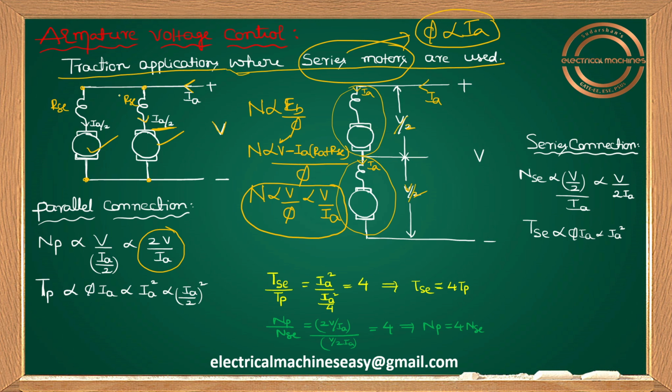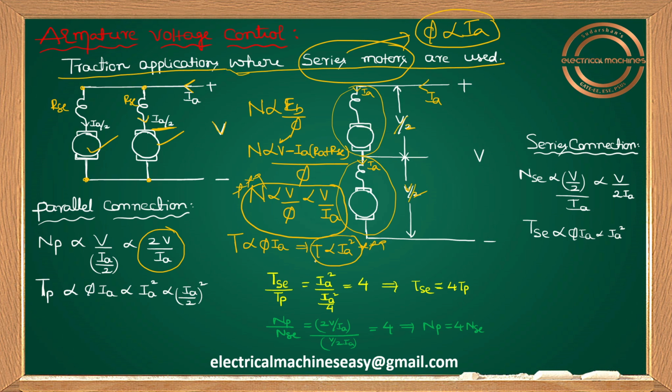One more thing: I told you N is proportional to V by IA only. Now see torque. Torque is generally proportional to phi into IA, everybody knows that, and I told you phi is proportional to IA also. Therefore torque is proportional to IA square in case of a series motor. These two are very important for this method.